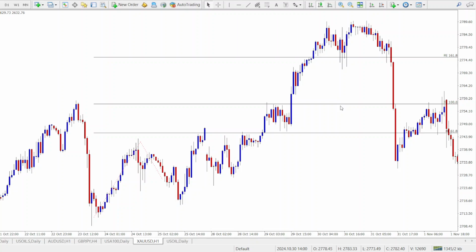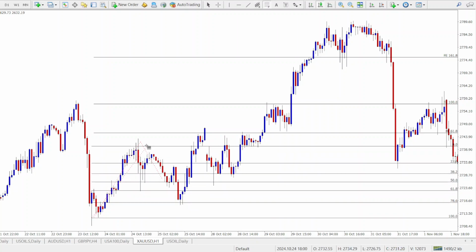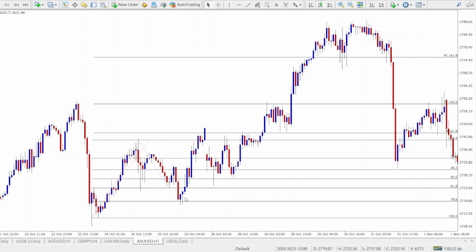Now unlike Fibonacci retracements, which focus on pullbacks during a trend, expansion levels project future price movements as the trend continues. If you are familiar with the Fibonacci retracement, let me even put the Fibonacci retracement on the chart. You will know that what it does is to predict pullbacks.